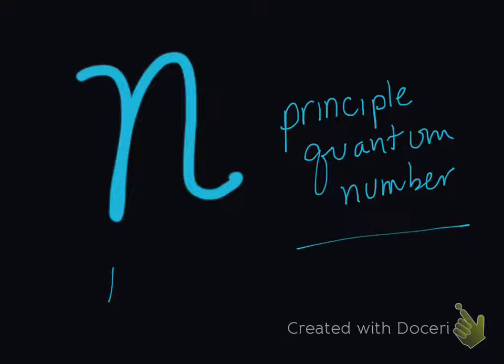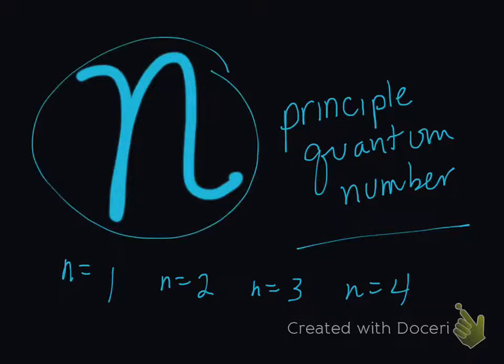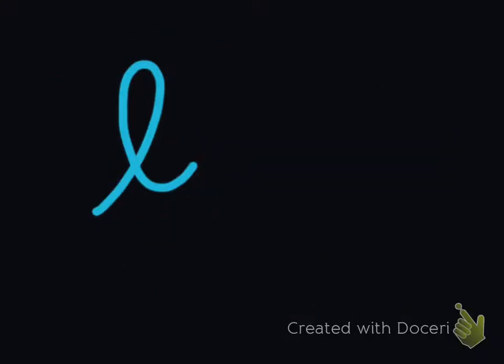They start with 1, so we can have n equals 1, n equals 2, n equals 3, n equals 4, etc., on up to about n equals 7, but we don't talk about that much. If you are watching this tutorial as part of my class, n is really the only quantum number for which I expect you to know the letter. Alright, let's move on to the next one.